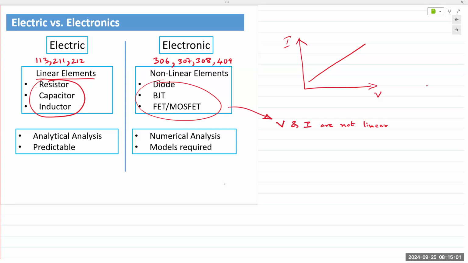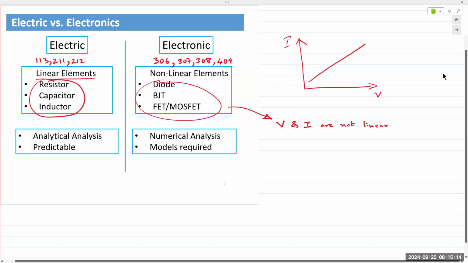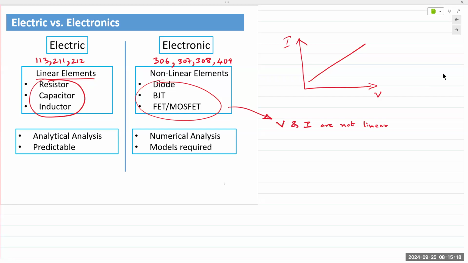Ohm's law is valid between a certain temperature and pressure. But for all intents and purposes, if you're talking about room temperature or everyday use, then Ohm's law is always valid. You plug in the voltage values and the resistor values, you would obtain a current value, one single equation. So the analysis is based on one single equation. It gives you an exact value, hence analytical in that sense.